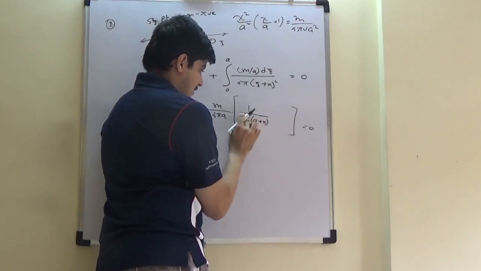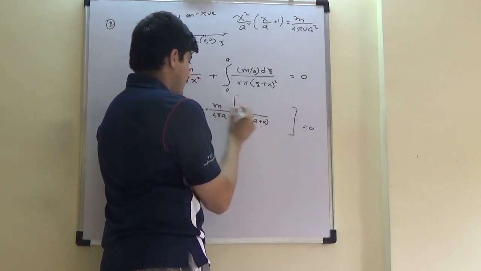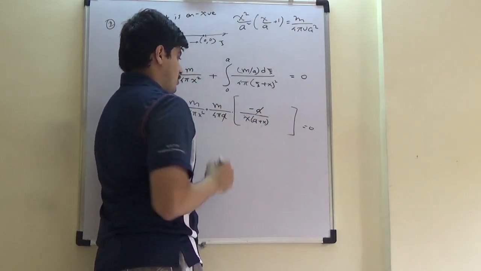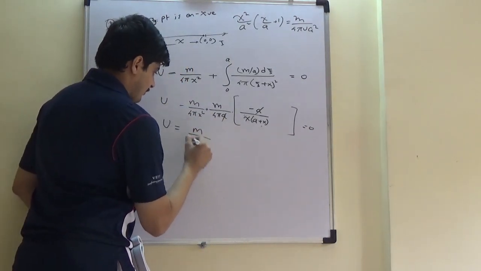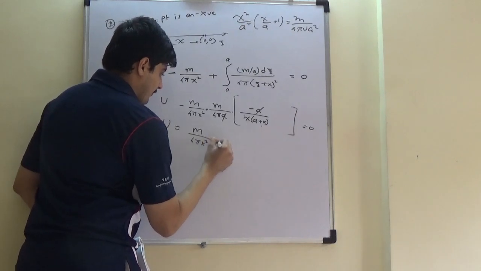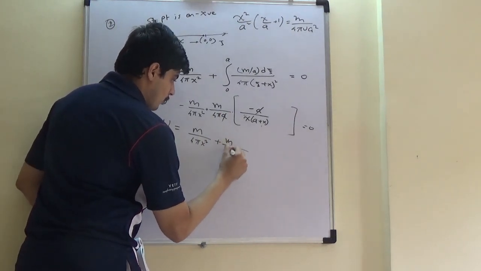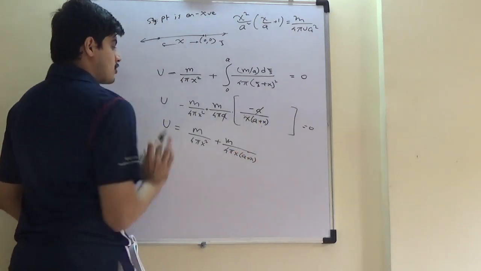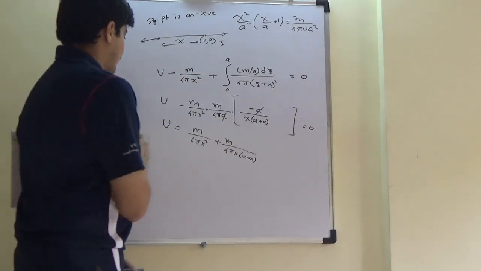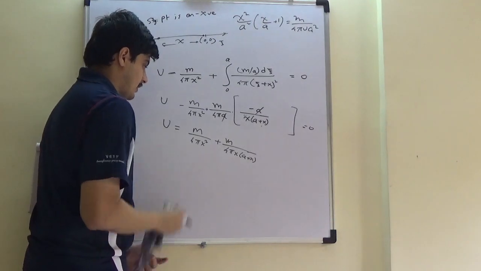And this would be x minus a minus x, so it is minus a. So one a gets cancelled out, so u comes on the right hand side. 4 pi x square plus m upon 4 pi x a plus x. A has got cancelled. This is the equation, right?